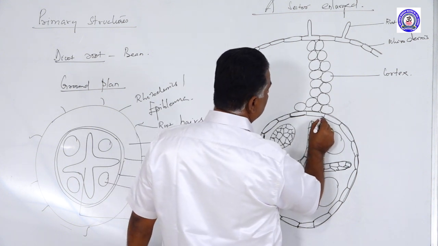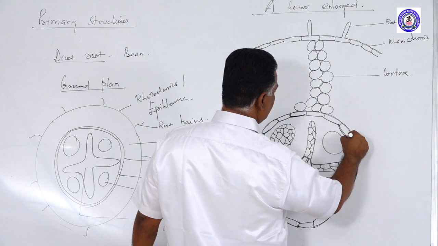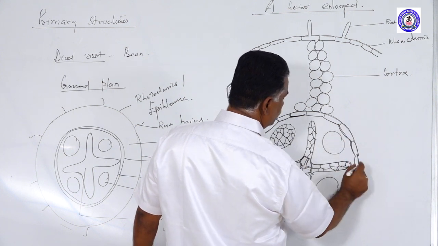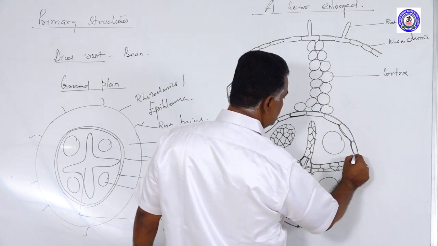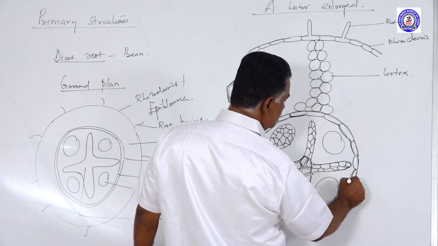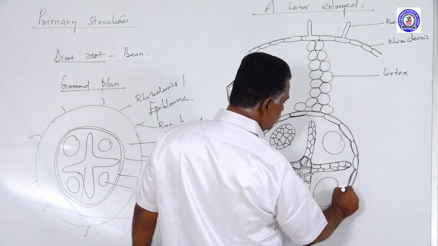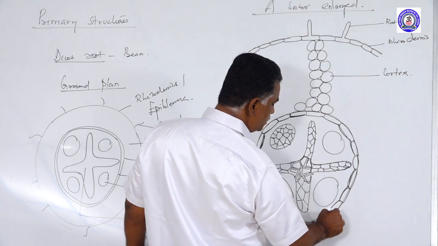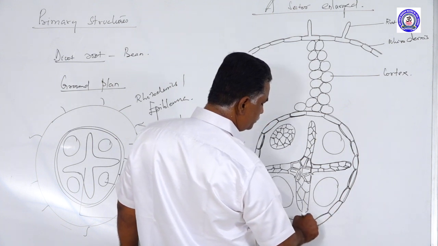And listen, in this pattern of thickening, the endodermal cells in the radial wall and transverse wall are thickened.